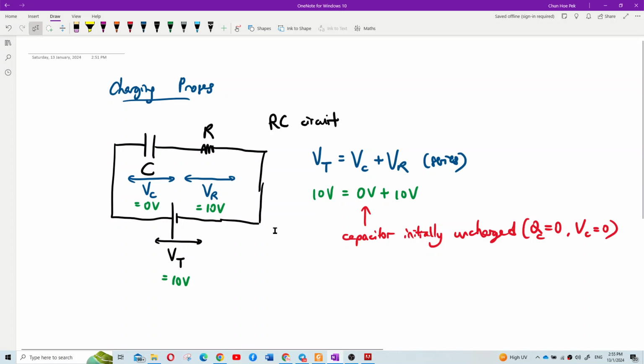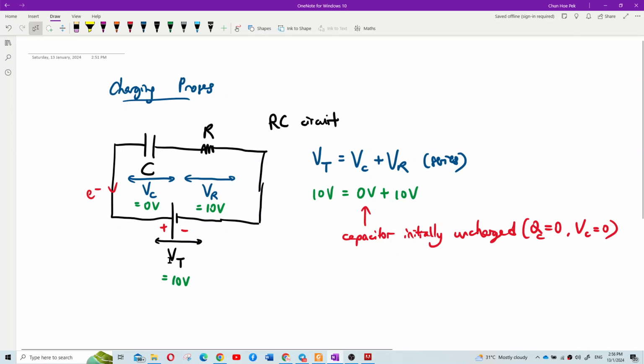Okay, but afterwards, when it starts to charge, because we know that this is a positive plate, this is a negative plate. Then electrons start to move. This positive plate starts to attract electrons from this plate. So electrons start to move from this plate of the capacitor and deposit at the positive terminal.